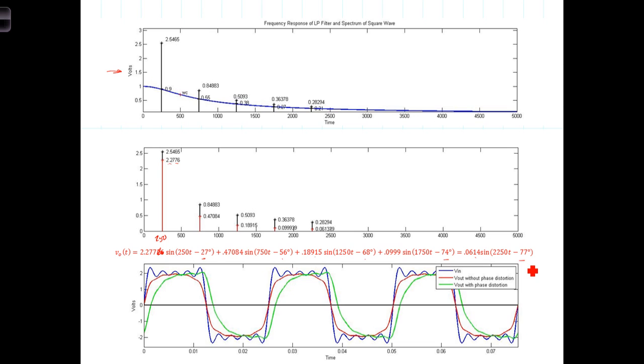Notice that the higher the frequency, the greater the phase shift. This variation in phase shift for the different frequencies is what is known as phase distortion.